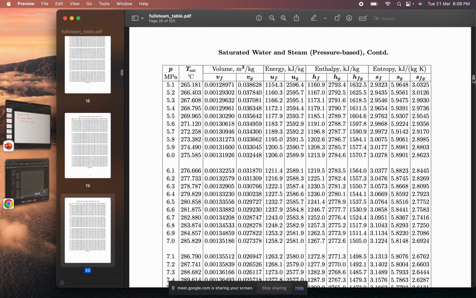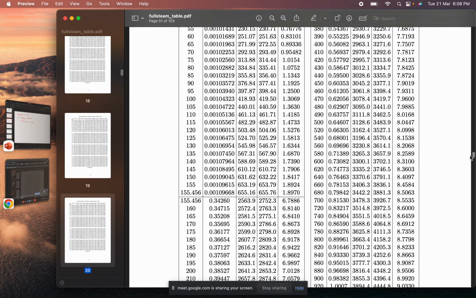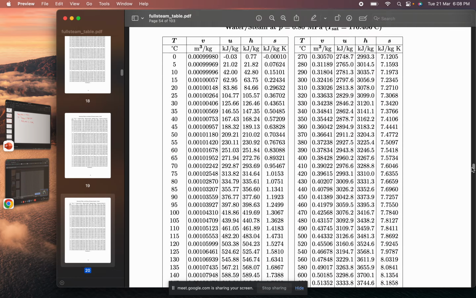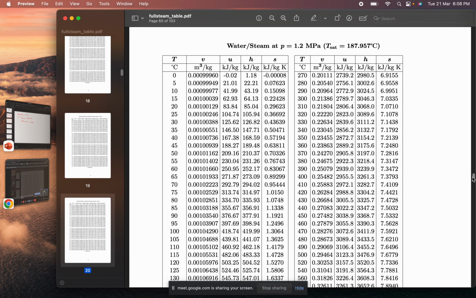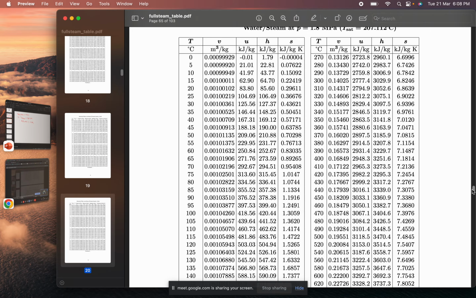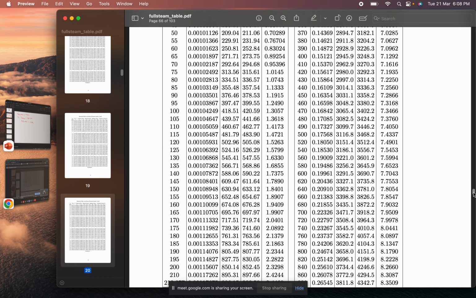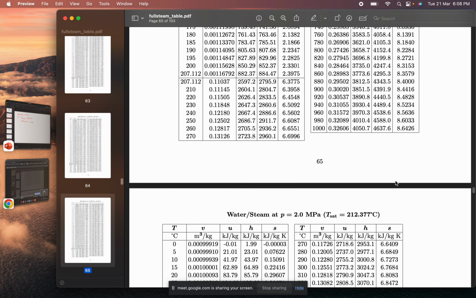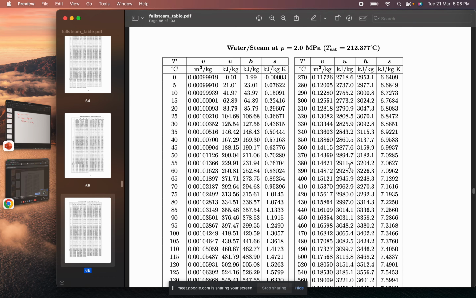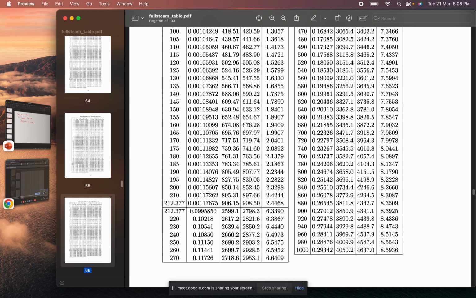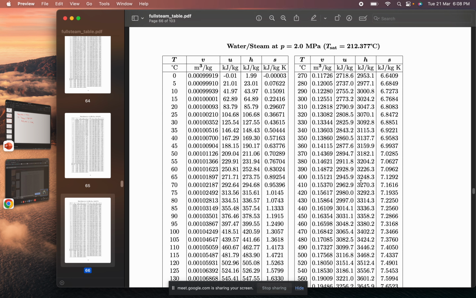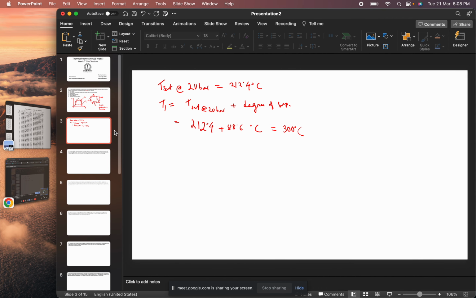So we'll go to the superheated table at the 2 megapascal level and see 300 degrees Celsius. Yeah, so this is our 300 degrees Celsius, and from here we will take the various properties.